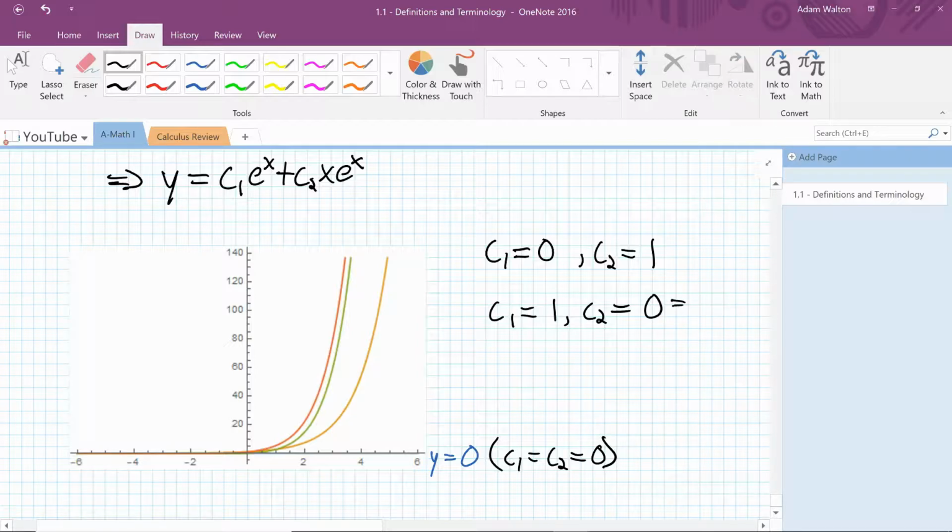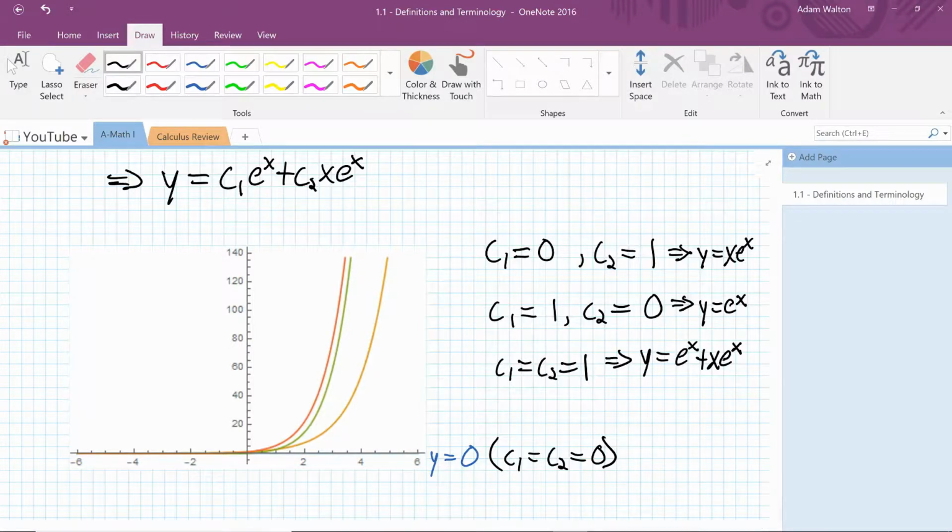Let me write these all out. This would correspond with y = e^x. This would correspond with y = x e^x. And we can also consider when C1 is equal to C2, which is equal to 1, which then gives y = e^x + x e^x.